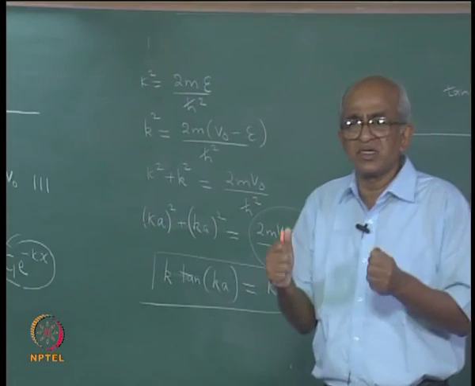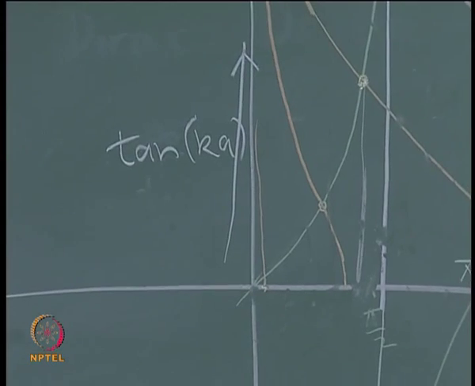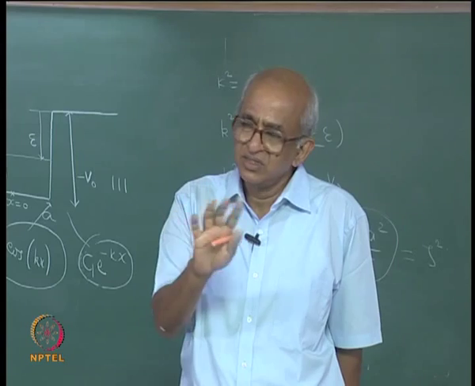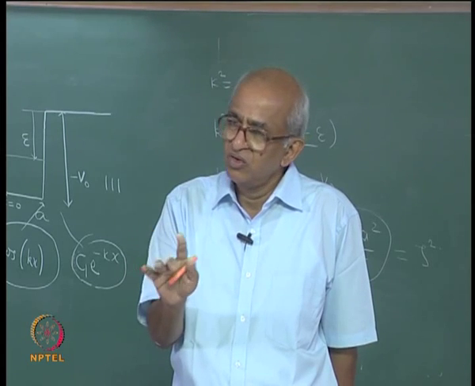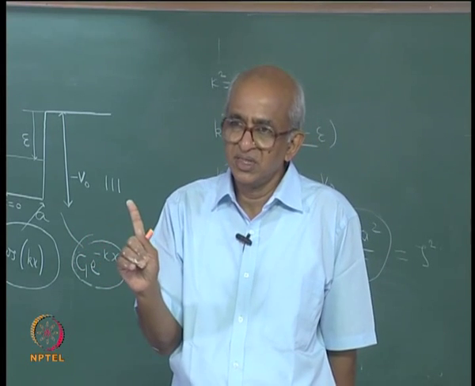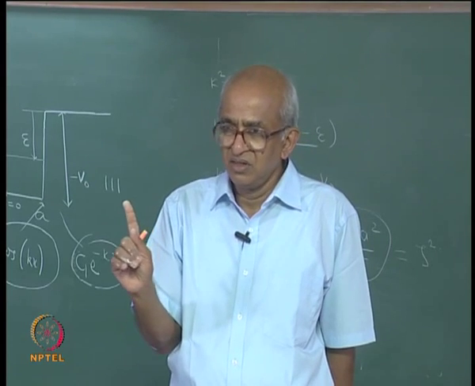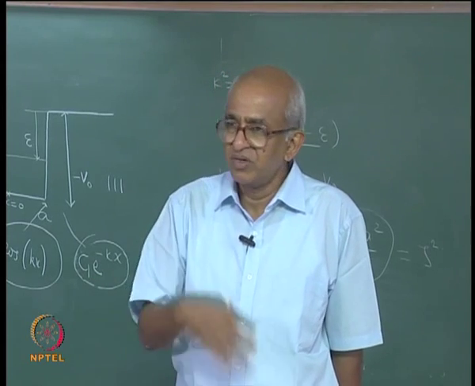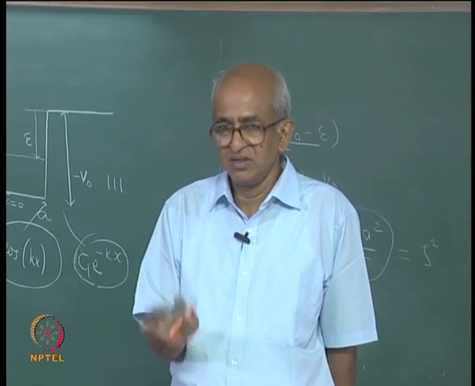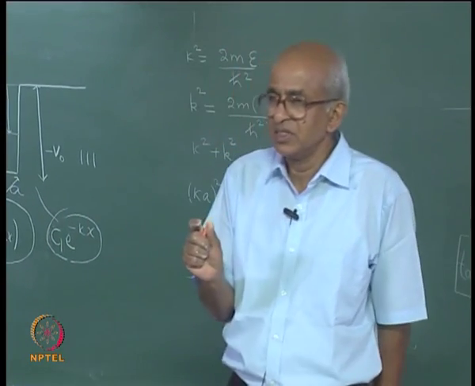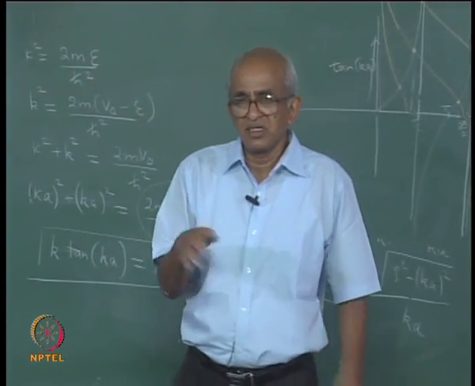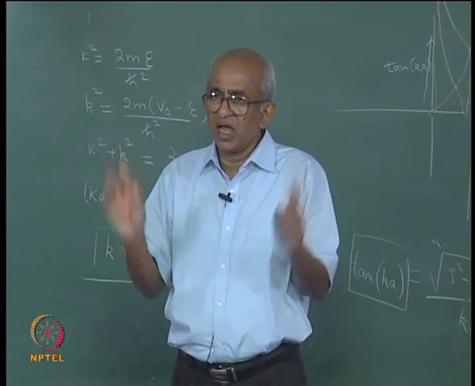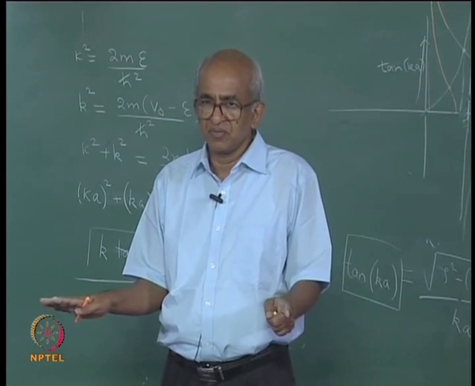So, however weak the potential is, it does not matter whether it is very shallow or very narrow, you will always have one bound state. This is something that happens in one dimension. If I were thinking of bound states in 2 dimensions, this does not happen. This is a speciality of one dimensional systems. If you have an attractive potential well, it does not matter how weak it is, it will have at least one bound state.